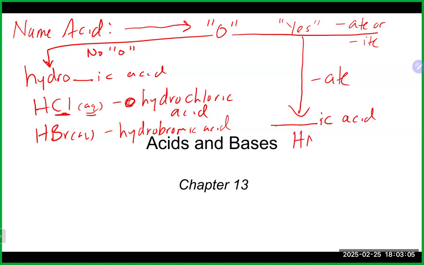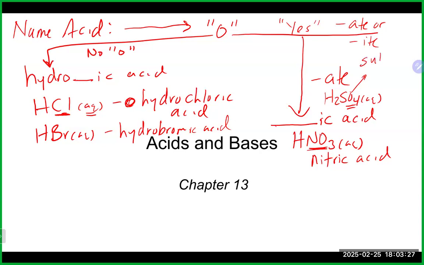So HNO3. That is oxygen. NO3 is nitrate. So that's going to be nitric acid. H2SO4. SO4 is sulfate, and that is sulfuric acid.